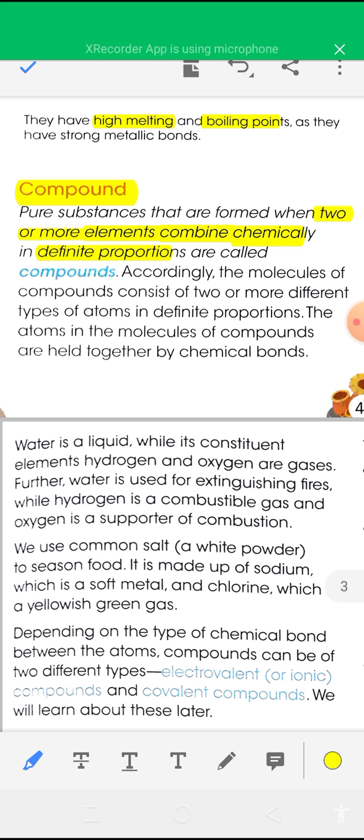Accordingly, molecules of a compound consist of two or more different types of atoms, but an element is formed by only one type of atom. Remember that.